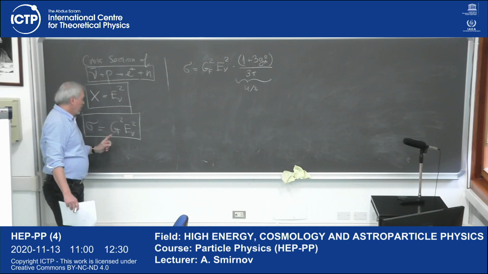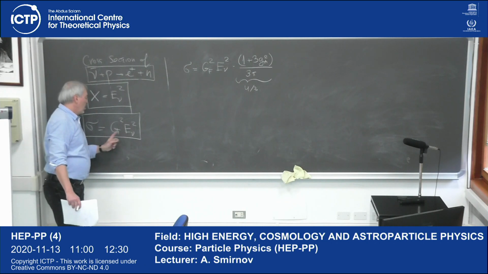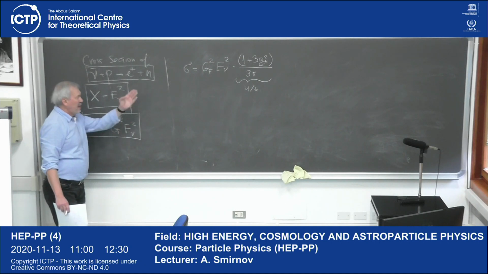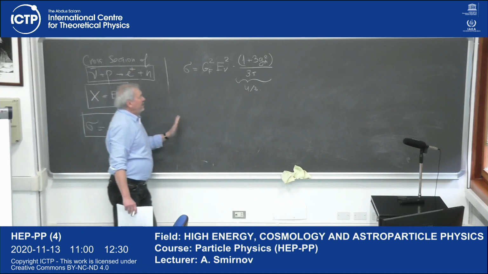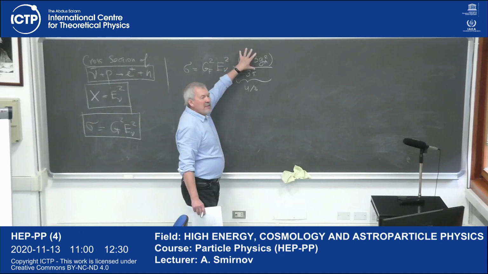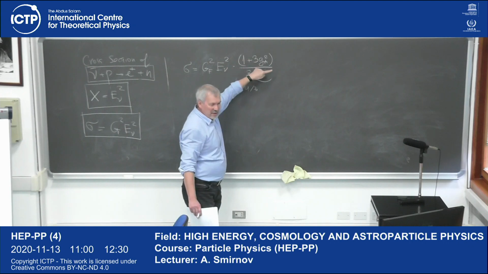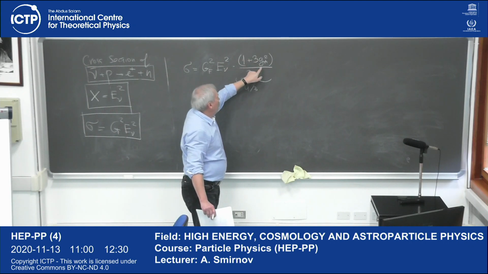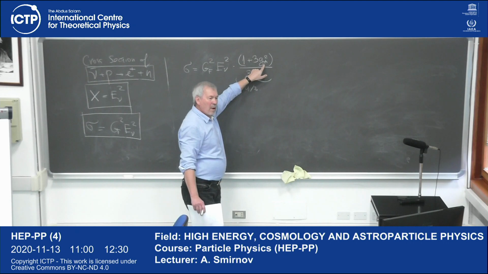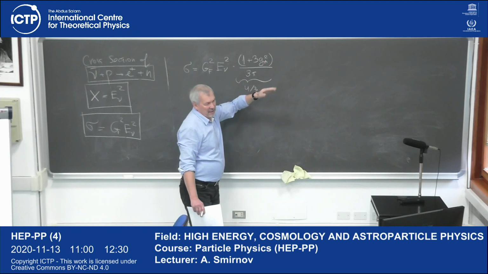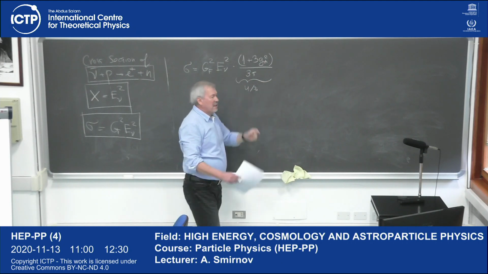But what is important, we obtained the correct dependence of the cross-section on energy. It is the same as we have in the case of precise computations. Now, what are the factors here? Even these factors, those who have some experience in doing computations can essentially reproduce. This one comes from the fact that we have not just a vector current, but also an axial vector current. I haven't discussed this.